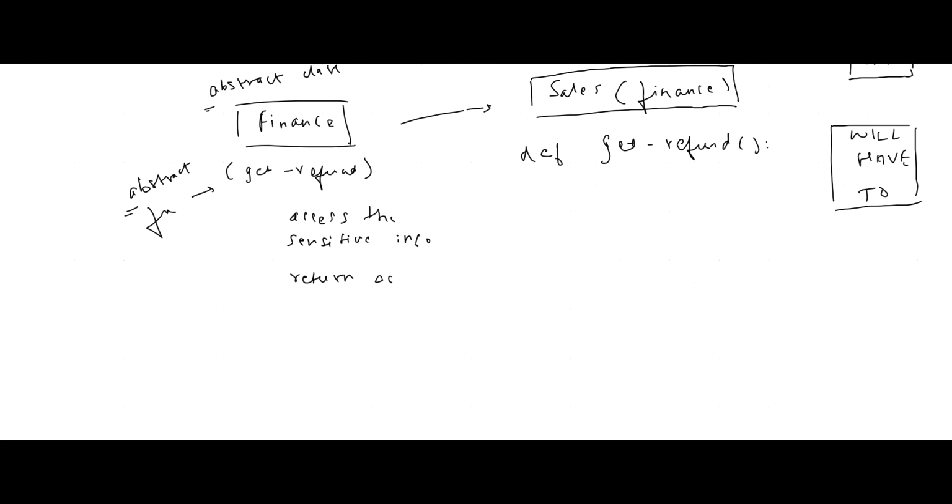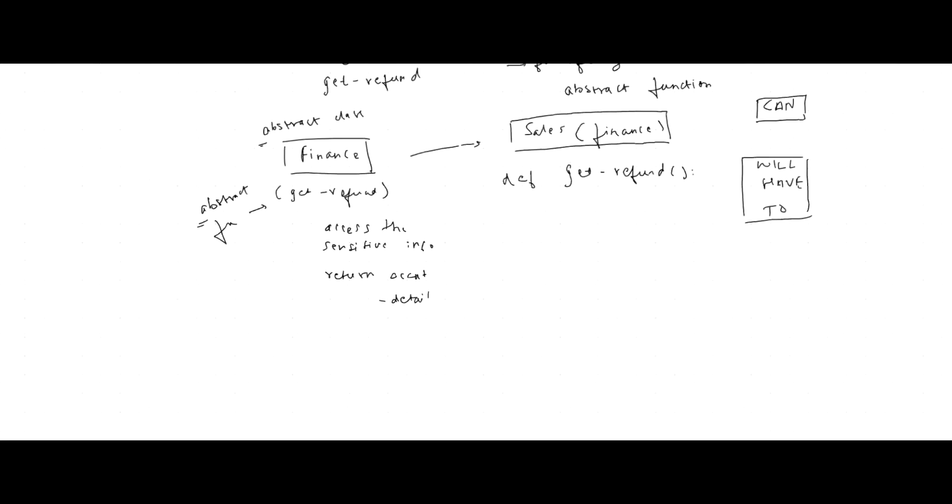Now what will happen is, your child class, since it is inheriting your abstract class, since it is inheriting a parent which is an abstract class, it will be forced to write down an abstract function. It defines an abstract function. By default, you will have to call the parent class function. Why?